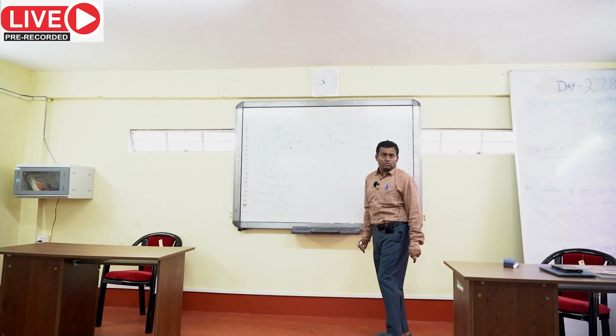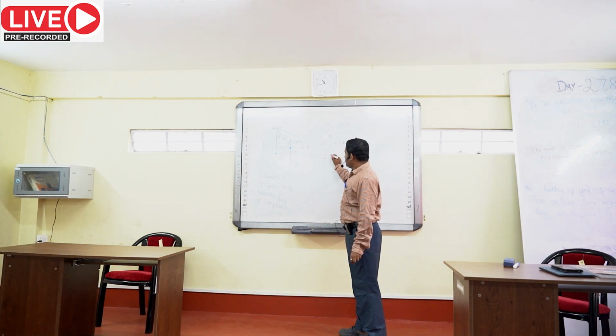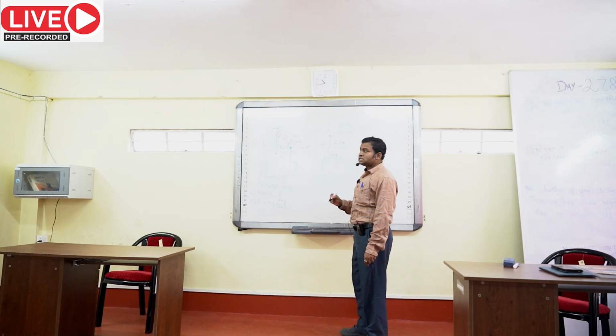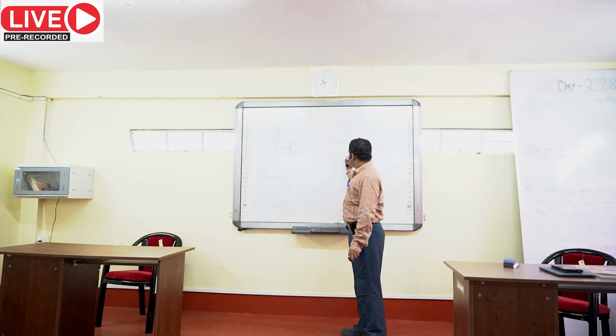The limit is given 0 to theta. Then put the value of F. F is mg tan alpha. What is tan alpha? dy by dx, into dx, integral 0 to theta.